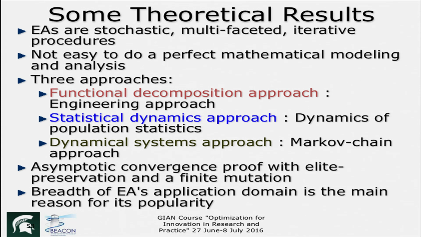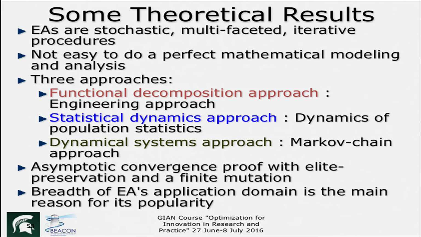They couldn't do more than that. So that's why this has come to a dead end. I don't think anybody is working in this area anymore. Okay, but that gave us a lot of ideas in the beginning of the importance of crossover, selection, and everything. The one that's still there is the dynamical systems approach, which is more mathematical approach. So first one is more engineering, second one is more physics related, third one is more math.